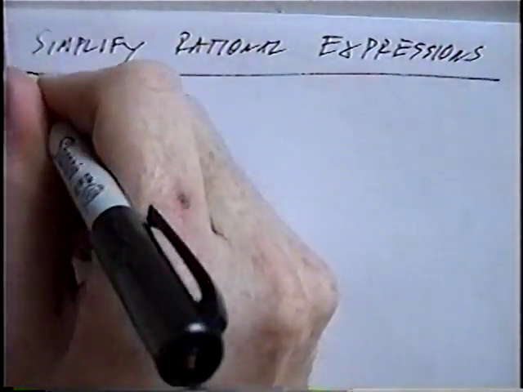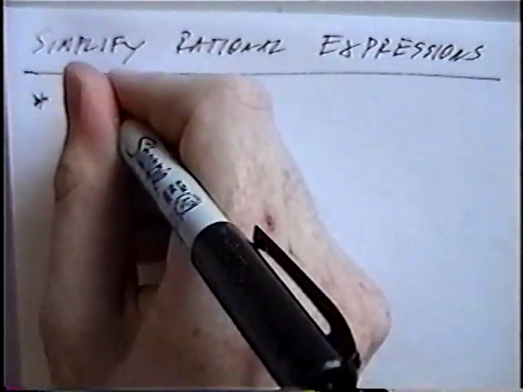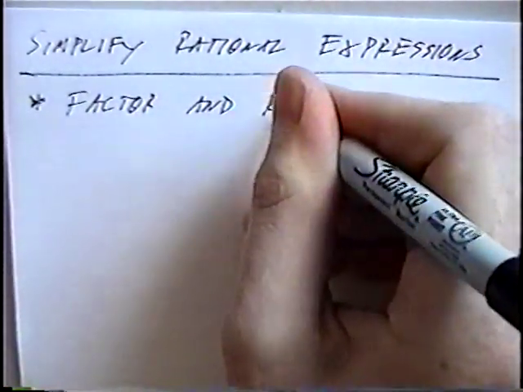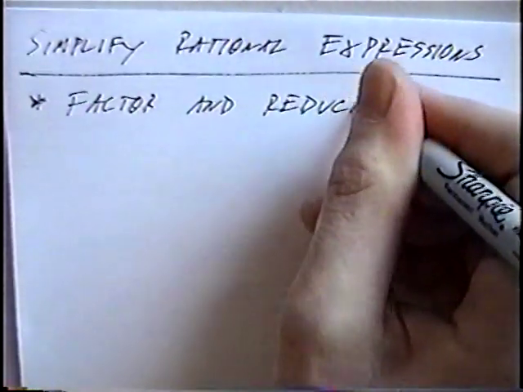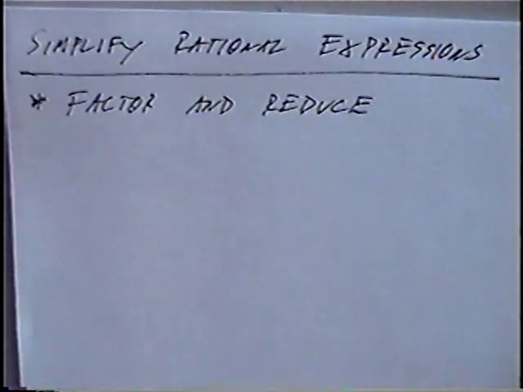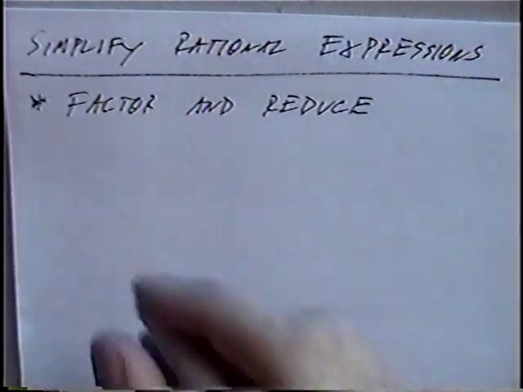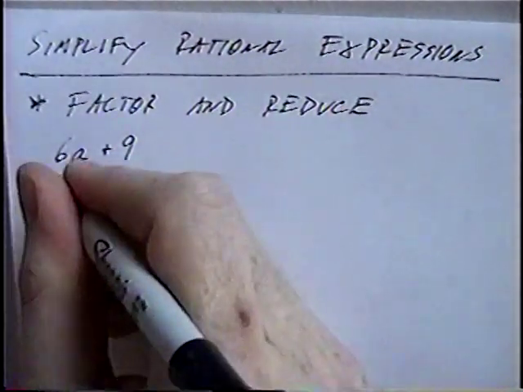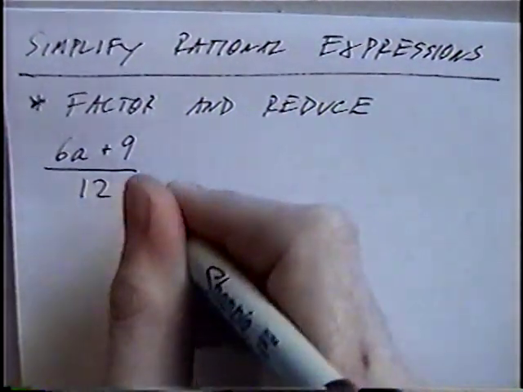The one definition or step for this question is to factor and reduce. The first question for this section is 6a plus 9 divided by 12.